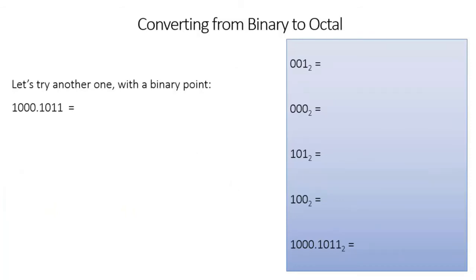Let's try one more, this time converting a binary number that contains a binary point. Starting at the radix point and moving to the left, I'm going to group the values in exactly the same way. So 0, 0, 0, and then 1. I'm just reading the binary numbers starting at the binary point and moving to the left.